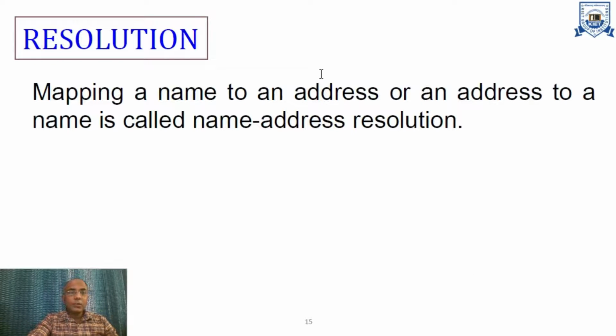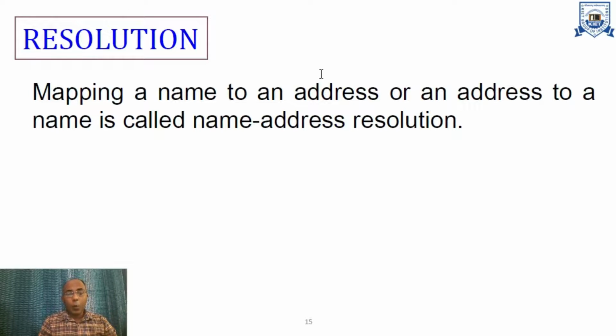Now what is actually resolution? It is how we resolve one particular IP address back into its domain name, and a domain name back into its IP address. That particular mapping is known as address resolution, or to be specific, name address resolution.